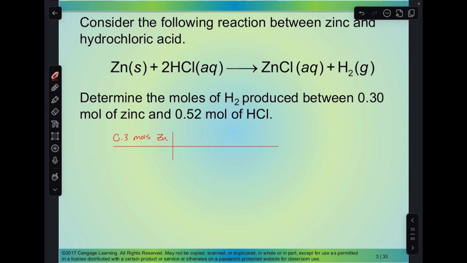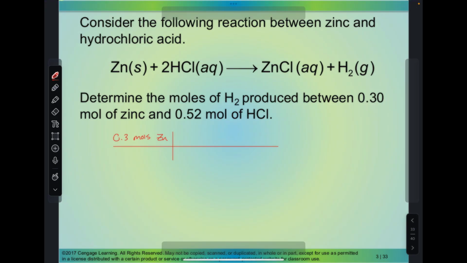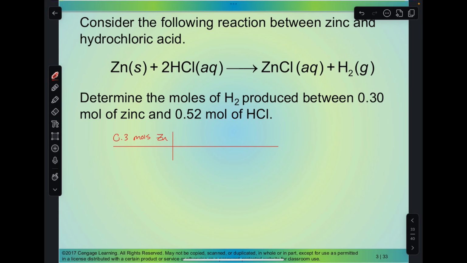We have 0.3 moles of zinc, and we can use the molar ratio. You want to get into moles before you use the molar ratio.